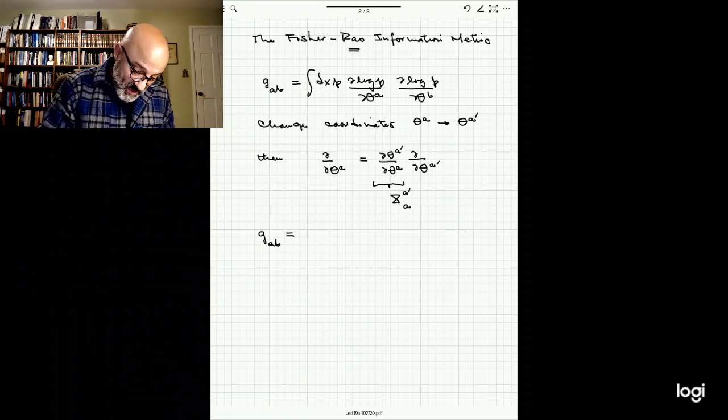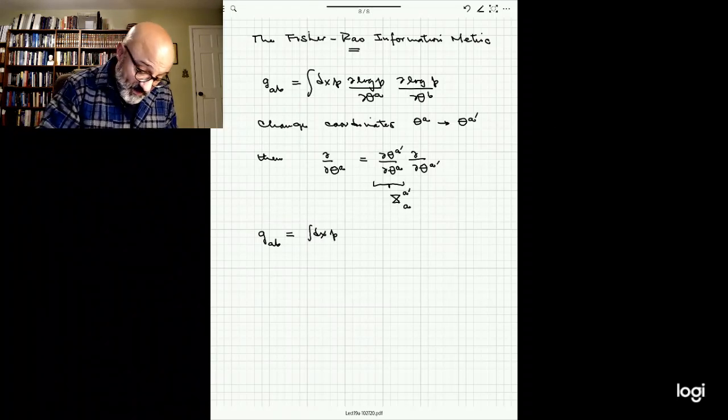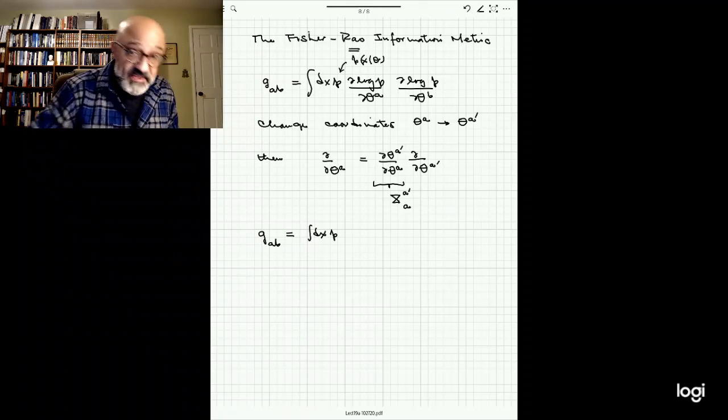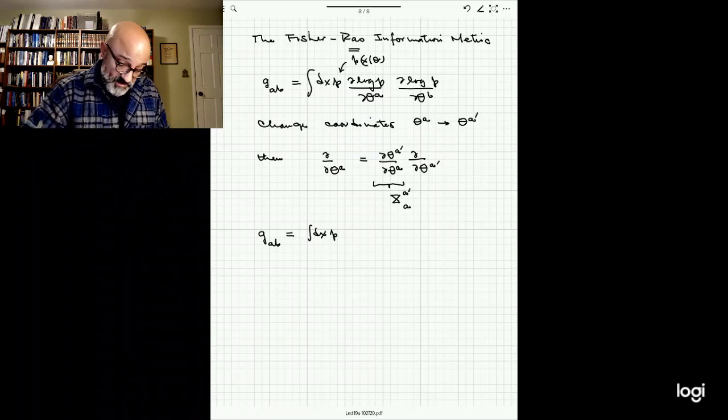So when we substitute this d theta a here, let's just write it out. I'm not writing the x and the theta. x is the integration variable, theta are just fixed parameters here.